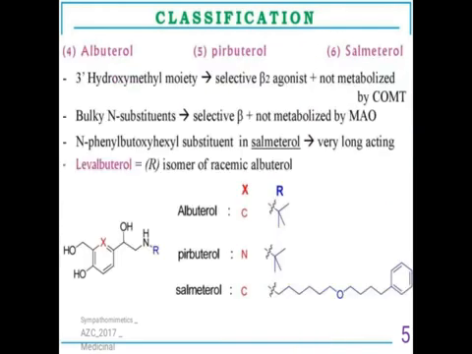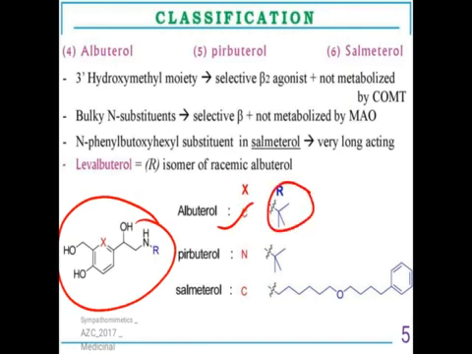Next drugs are albuterol, pirbuterol and salmeterol. So this is the general structure. If X is equal to C and R is equal to tertiary butyl, the drug becomes albuterol. In the case of pirbuterol, X is nitrogen and R is the tertiary butyl group.